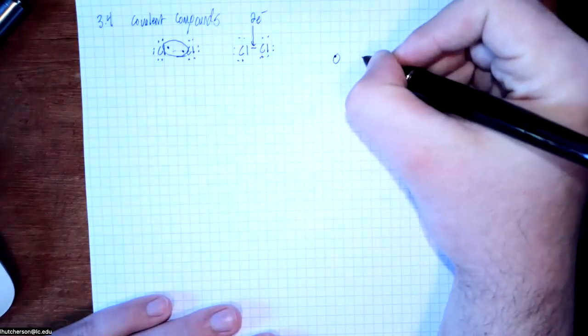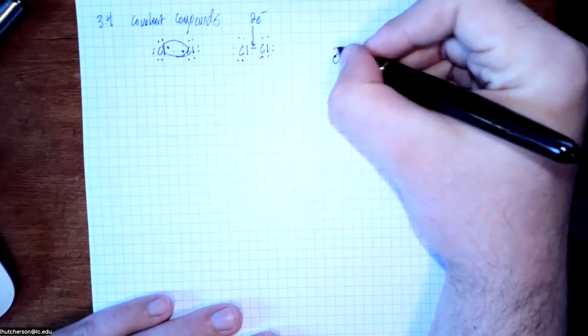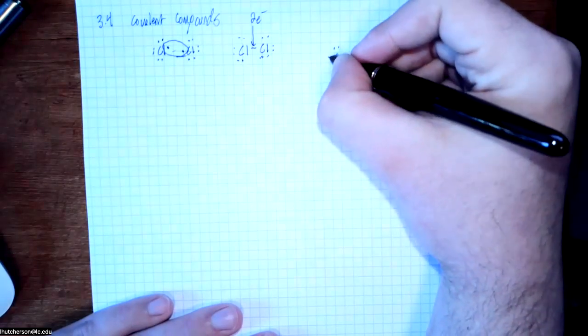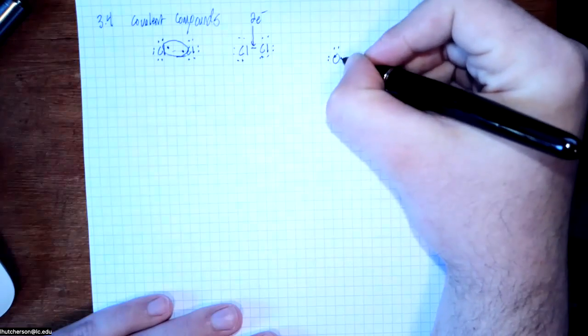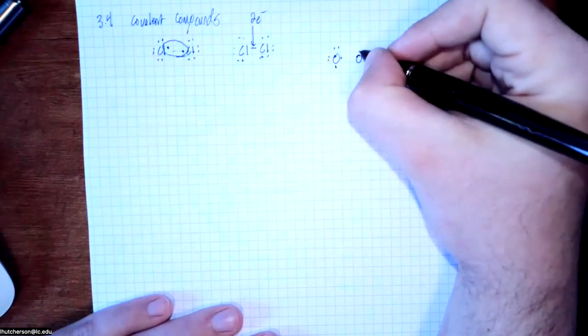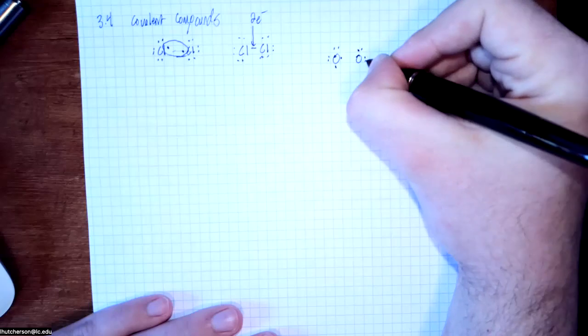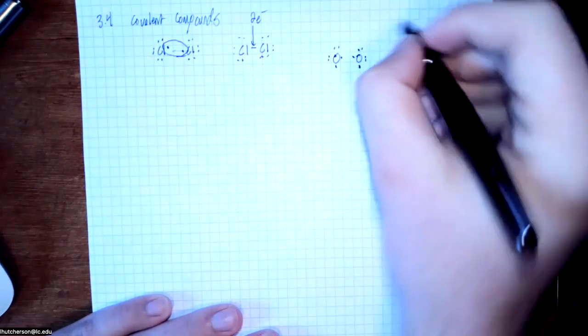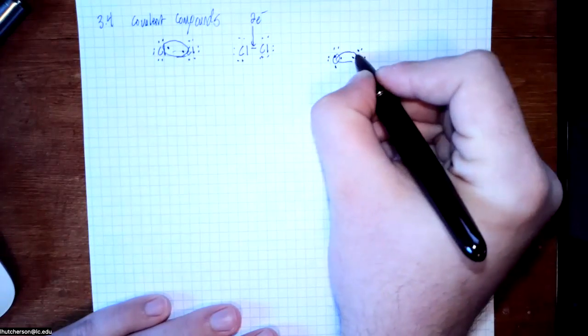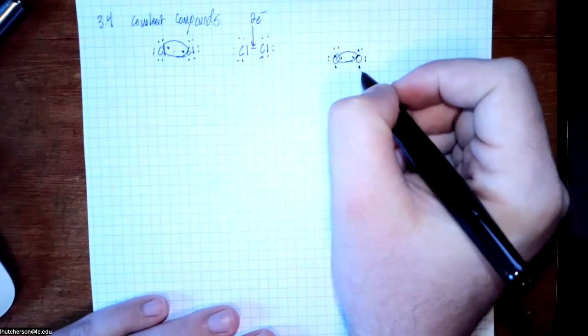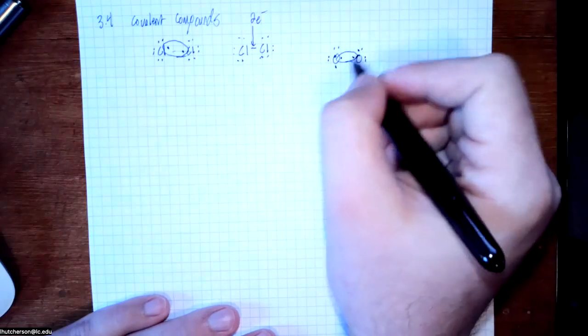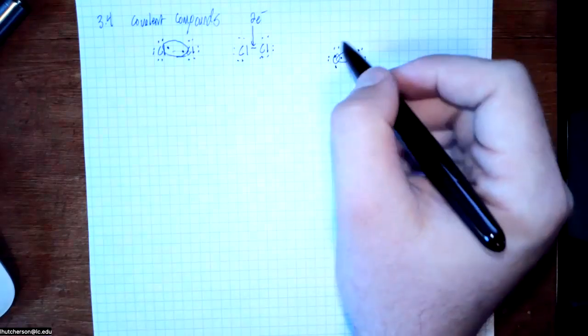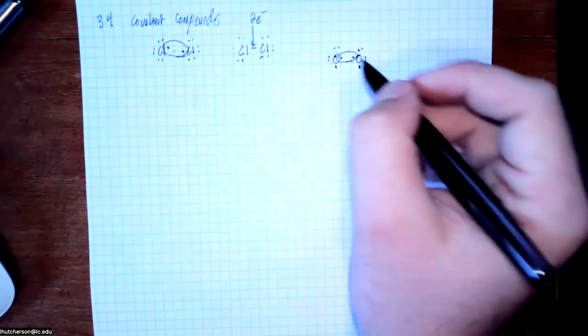Let's say that I have 2 oxygens next to each other. All right, oxygen has 6 valence electrons. I'm drawing them this way for a reason. All right, each one has 6. Let's share a pair of electrons. So that now gets each oxygen up to 7 valence electrons.